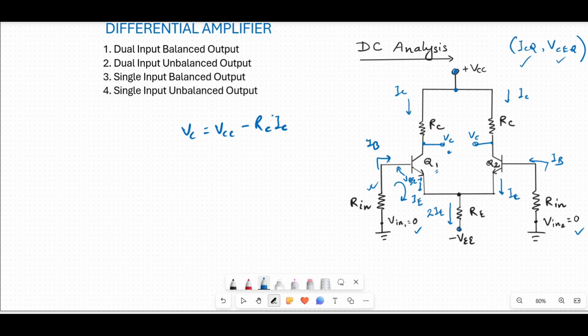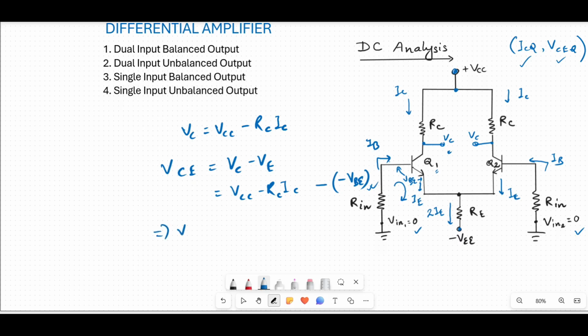So the collector to emitter voltage VCE is given as VC minus VE, where VC is given by VCC minus RC IC and VE is minus VBE.